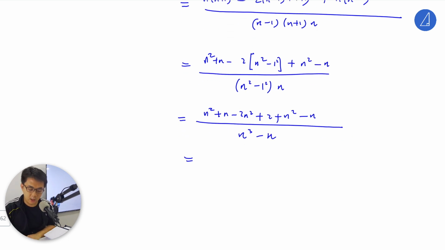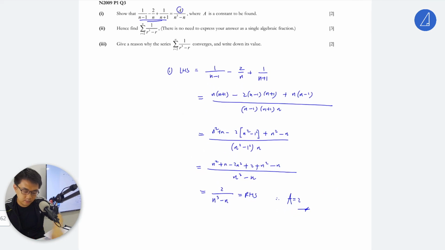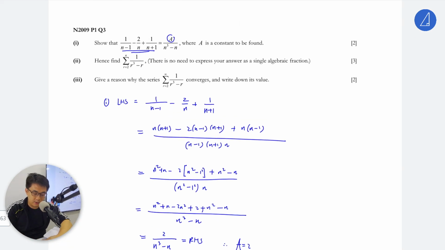That will be cancel off, this 2 over n cubed minus n. A equals to 2. Okay. Hence find this one. I think it's okay.